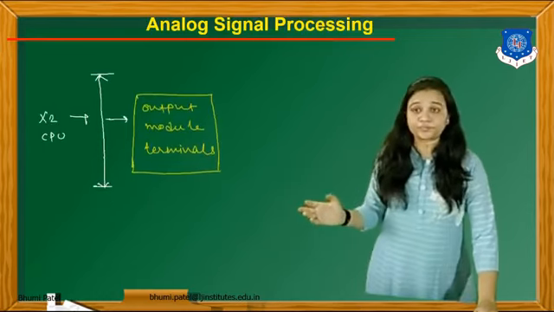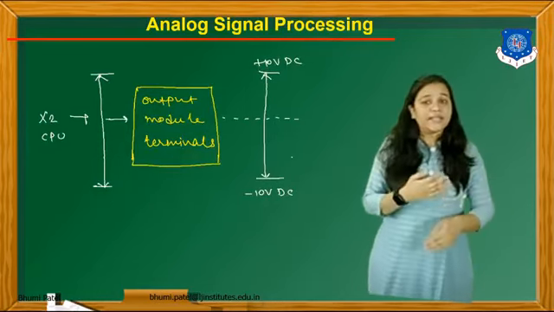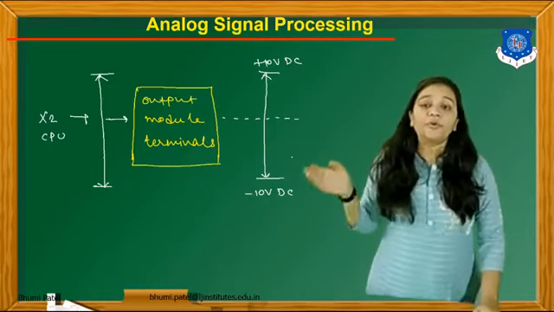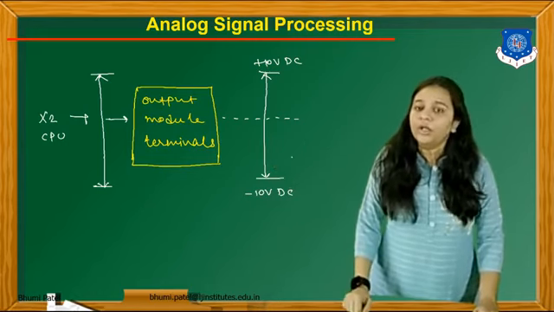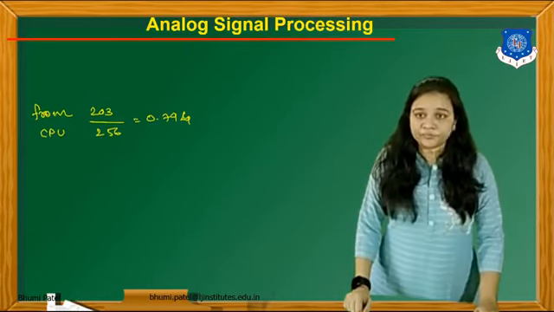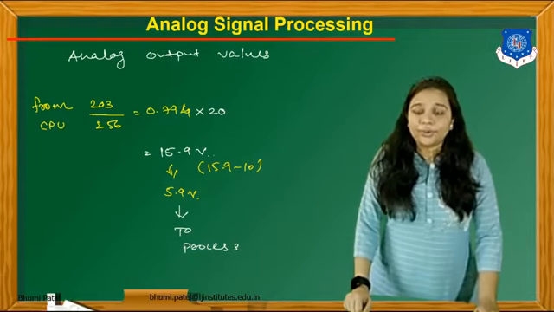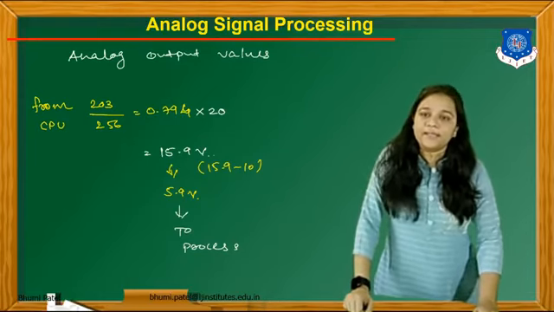If in the input module they give the 16 bit, same thing will be applied for the output module, and then we have to convert this output module terminal to this particular voltage form, and this is the calculation regarding output part. Okay, so using this process we can easily trace any number.